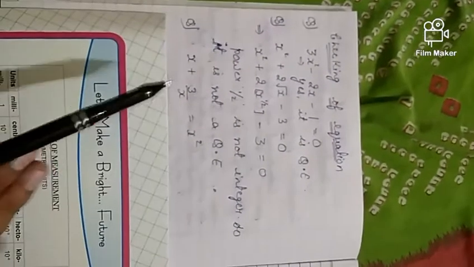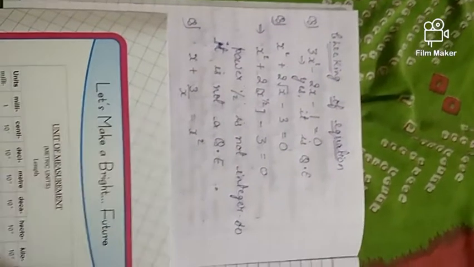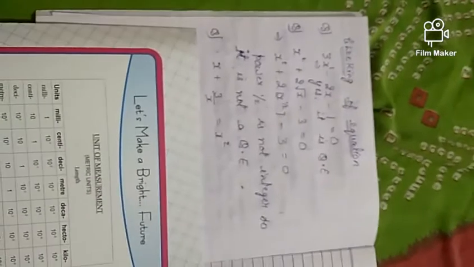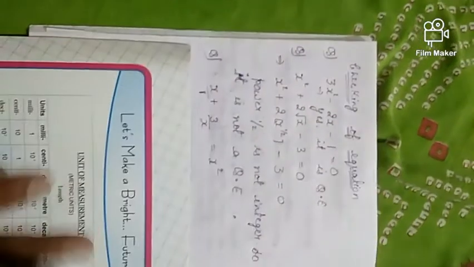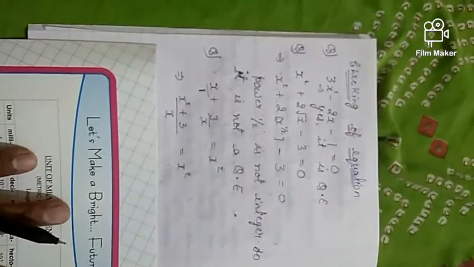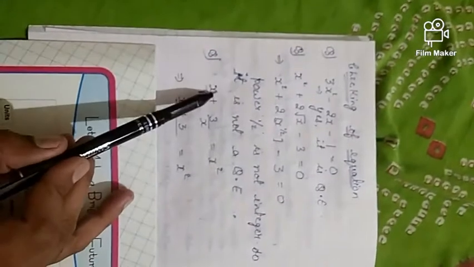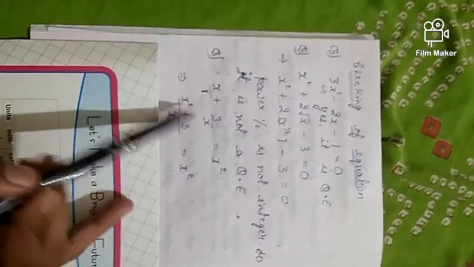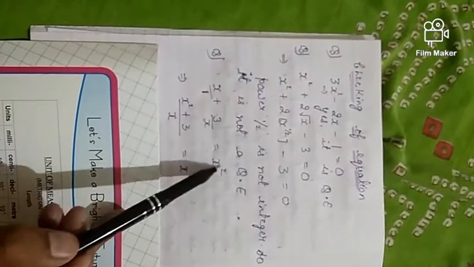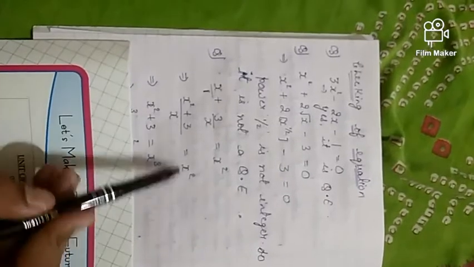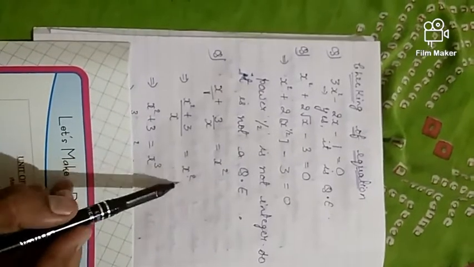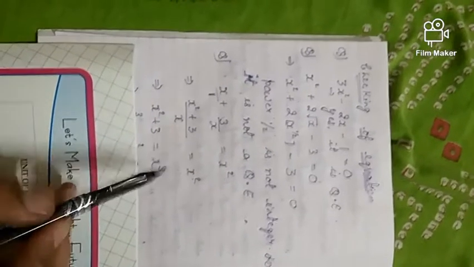One more question we will see. See, x plus 3 by x is equal to x square. Now we will take the LCM of 1 and x. What we get as the LCM is x. We will multiply this x with x, we get x square, this 3 remains the same and x square as it is. Proceeding further, we shift this x to this side, so x square into x becomes x cube.